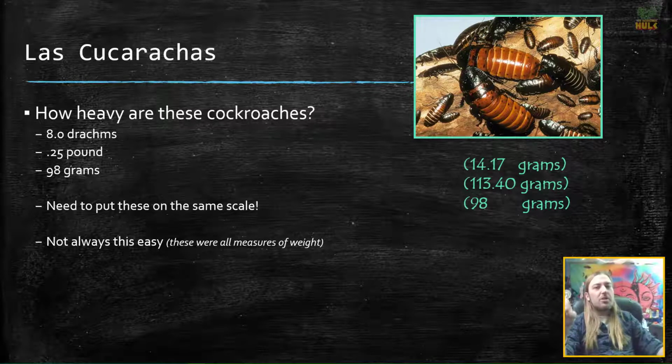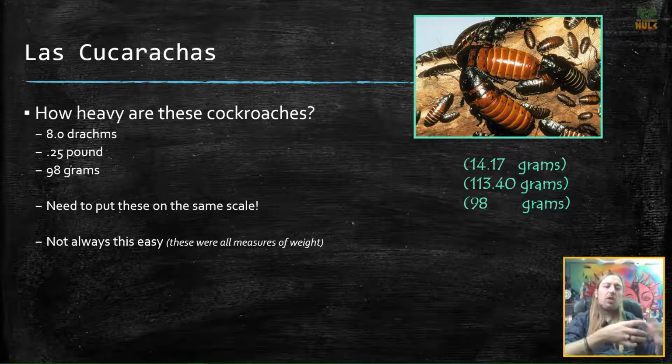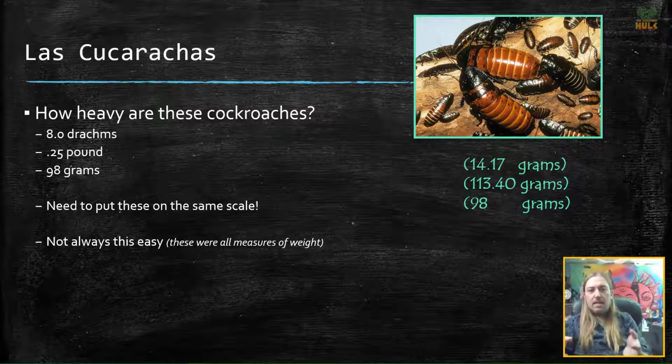Now, because they all measure weight, we can figure out how to convert from drachms to pounds to grams and put them all on the same playing field. So we can say that the 8 drachms is 14.17 grams. The quarter of a pound cockroach, that's a really big cockroach, is 113.4 grams. And then 98 grams. So now they're all on the same scale, so it's easy to be compared.